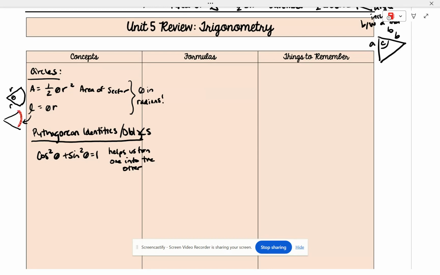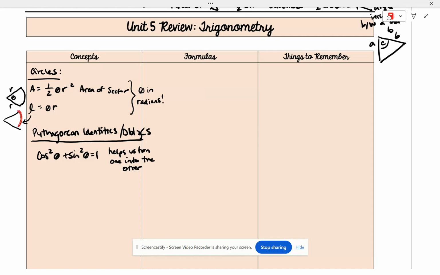Do you know what I mean by this helps us turn one into the other? I have sine squared. I'm trying to match in like a show or a prove problem. And I'm like, okay, I'm going to turn this guy into the other one that I need. You can always use this formula. Also, if you're trying to evaluate like the sine of 2a, right? And you happen to have just the cosine of 2a, right?